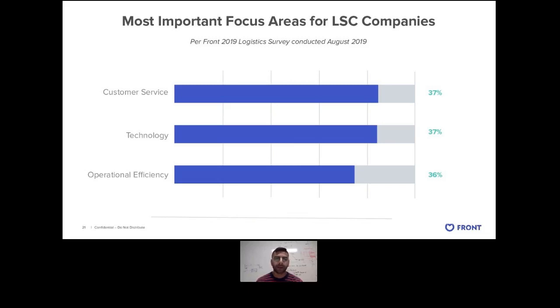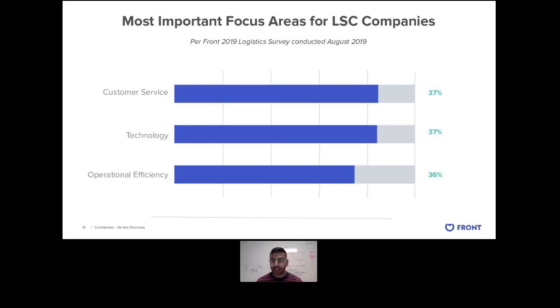And then going to some of the most important focus areas for logistics and supply chain companies. So again, this is from the survey that we conducted earlier this year. Number one, customer service. Number two, technology. And number three, operational efficiency. And these are all basically even. But really, I think what we've noticed is obviously customer service is such an important area, like I said, not just for logistics and supply chain businesses, but for all industries.